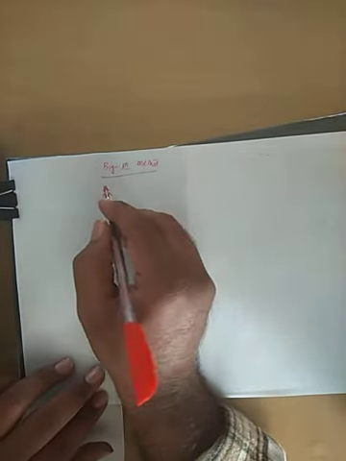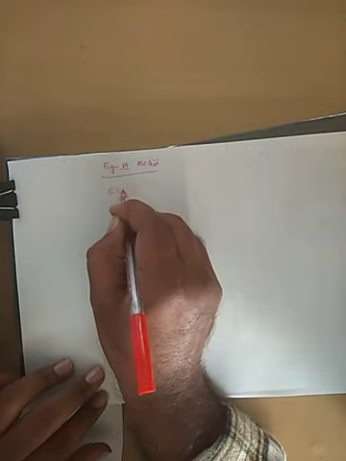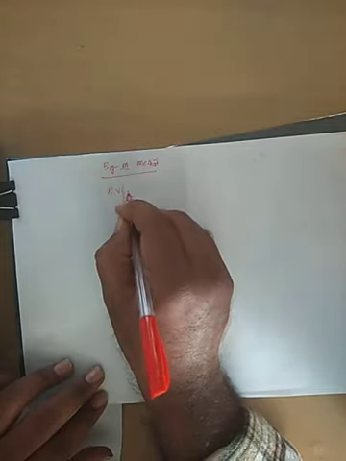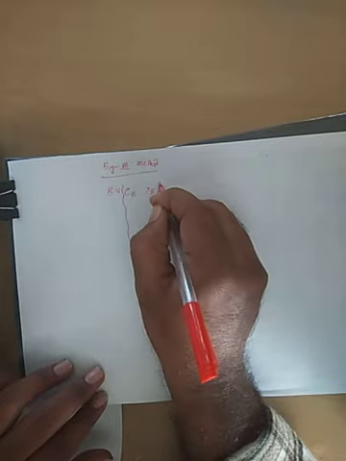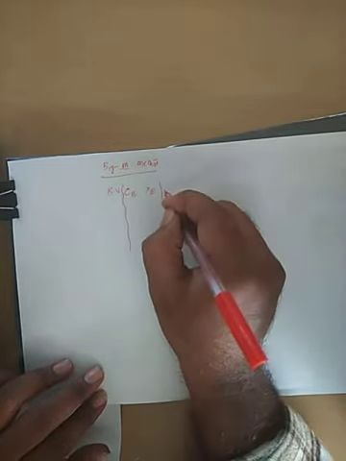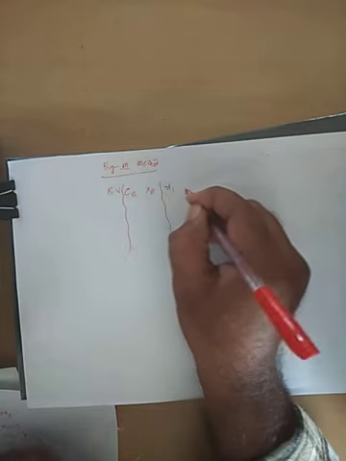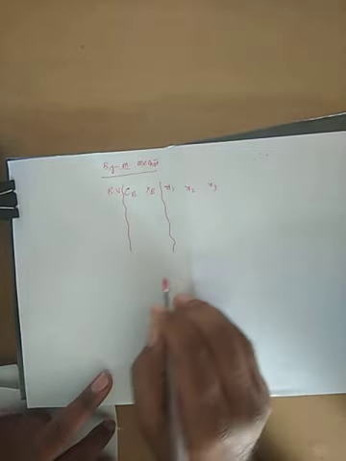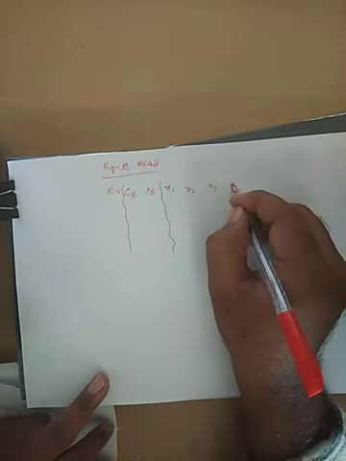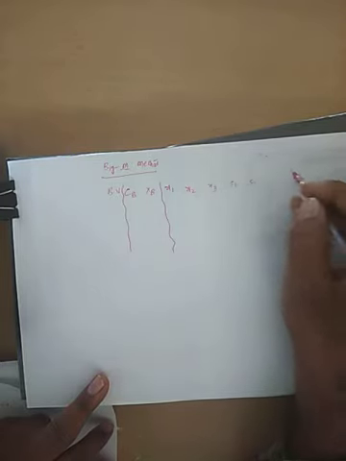And what is the table? As usual, basic variables, next the cost of the basic variables, RHS values. Now what are the decision variables? x1, x2, x3. And what are the surplus variables? s1, s2.